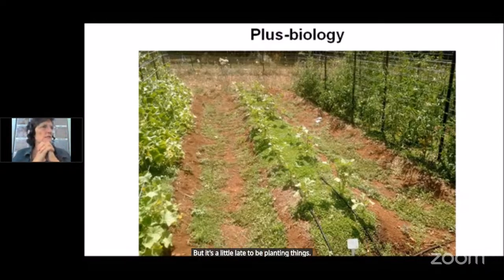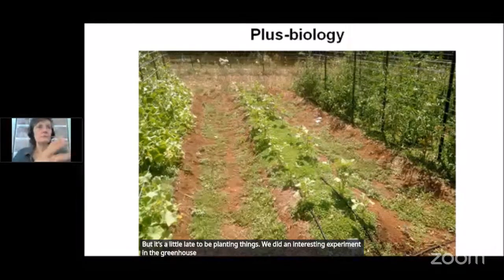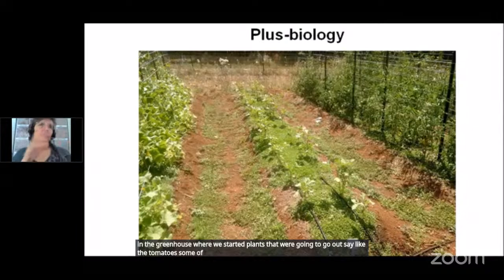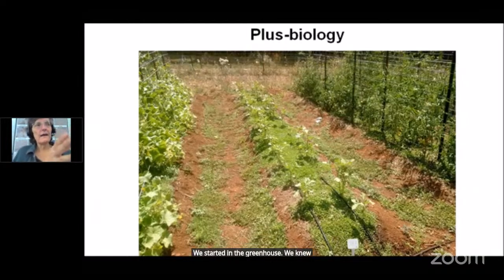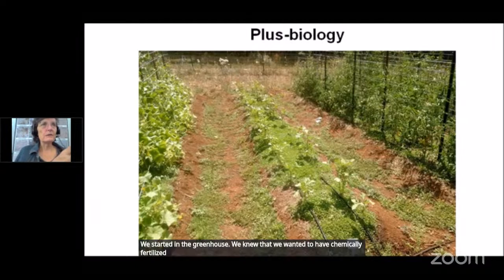We did an interesting experiment in the greenhouse where we started the plants that were going to go out, like the tomatoes, some of the lettuce, some of the different kinds of plants. We started in the greenhouse. We knew that we wanted to have chemically fertilized starts because that's what would go into the conventional plots.